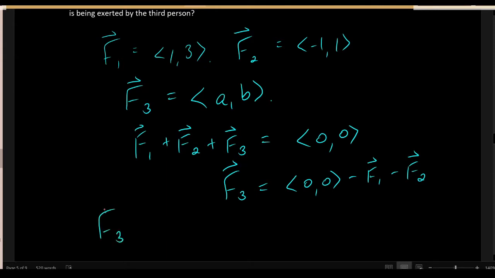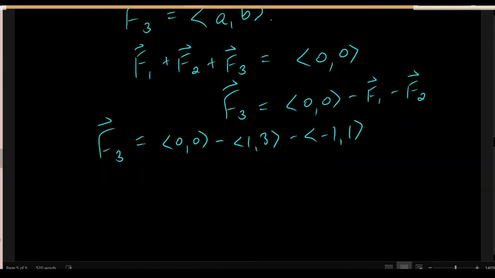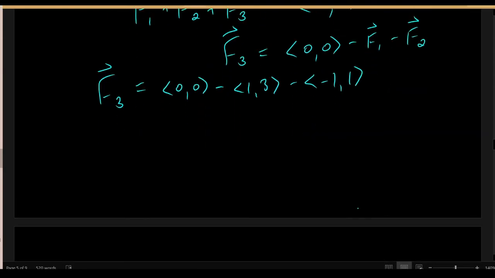So the third person's force is equal to 0, 0, take away 1, 3, take away negative 1, 1. So let's do that subtraction component-wise. The x component is equal to the first x, take away the second x, take away the third x. And the y component is equal to the first y, take away the second y, take away the third y.